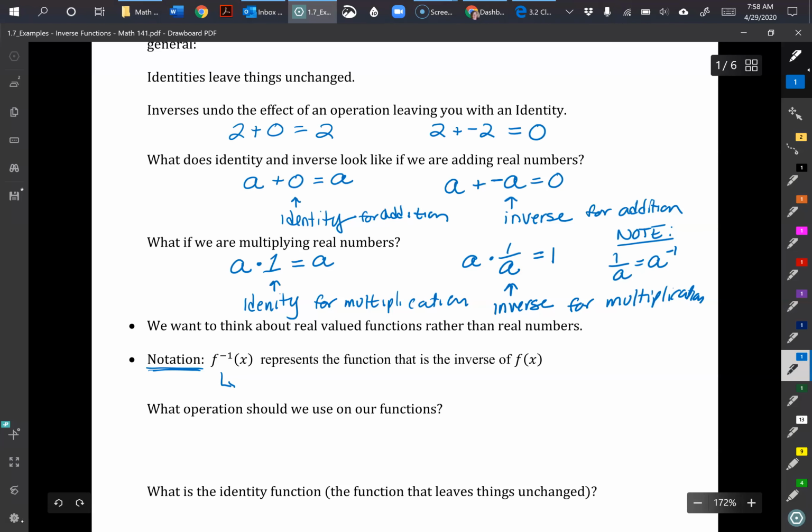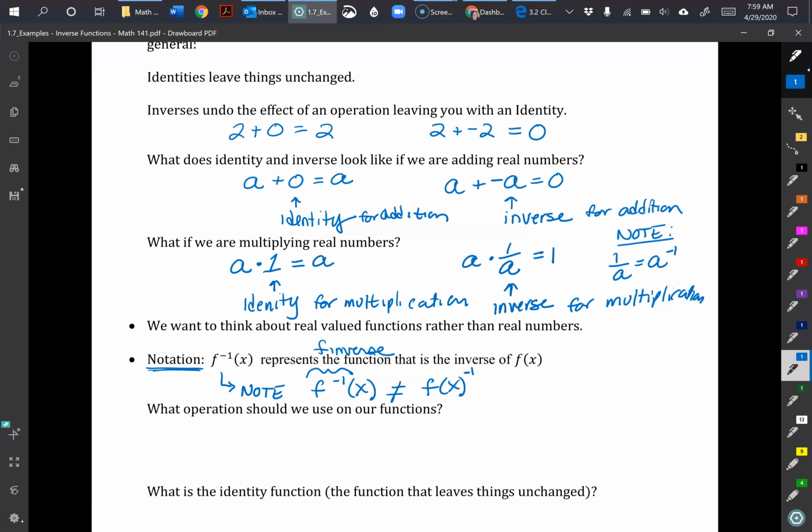So I'm going to write that little note here. This does not equal, so I'll write it really clearly, f of negative 1 of x, because that's not even f to the negative 1. It's really f inverse is what we say. F inverse is not equal to f of x to the negative 1.